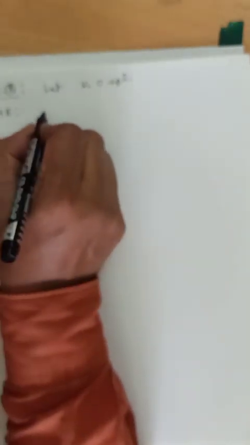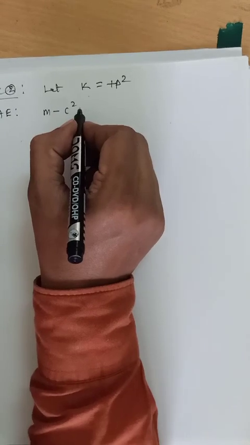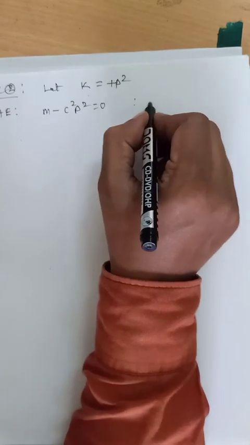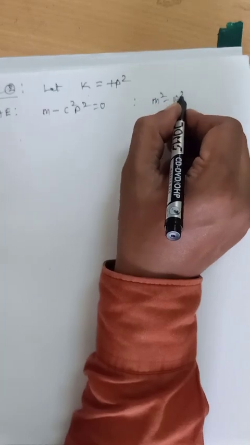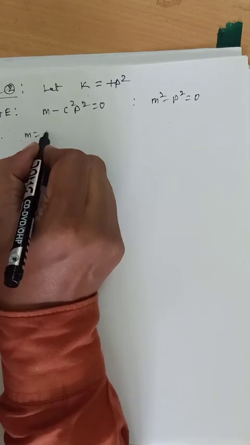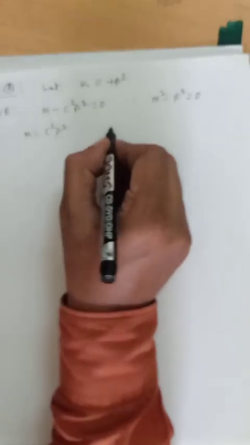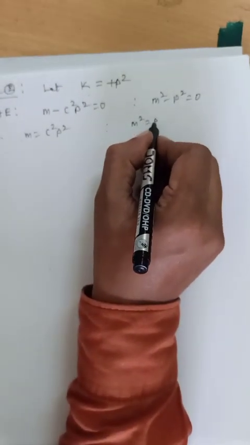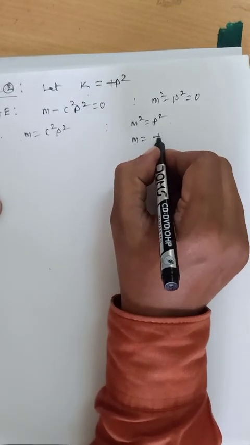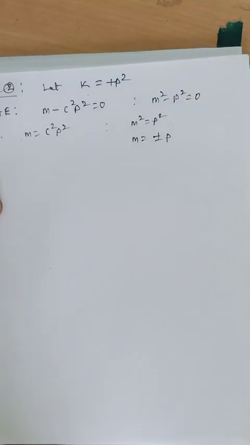Auxiliary equation, replacing D by m: m − c² p² = 0 for T, and m² − p² = 0 for X. Therefore m = c² p². Here m² = p², m = plus or minus p.